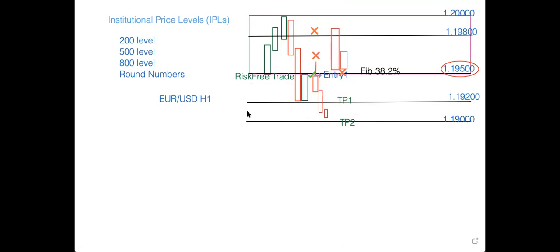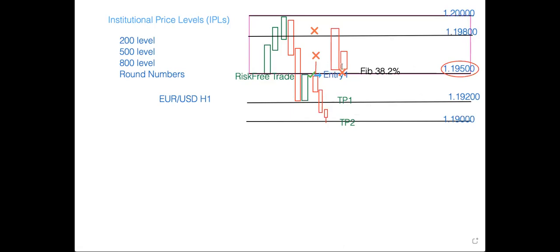At this risk free trade, this entry which you are using as a stop loss now to make the trade at zero risk, you can take IPL into consideration and put the stop loss, for example, at 19,550 instead of 19,500, because 19,500 may get retested again and maybe we can see the rejection again from this area.